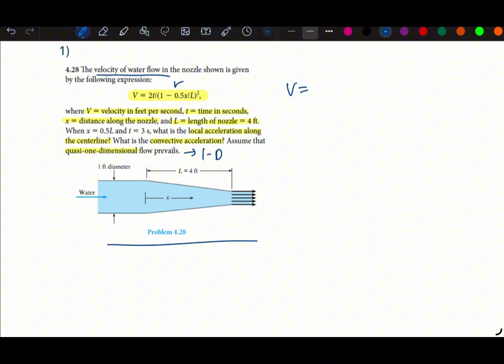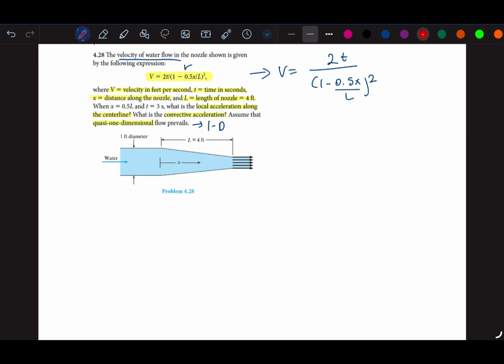So we have velocity 2t over (1 minus 0.5x over L) squared. As the next step, let me write the definition of acceleration.